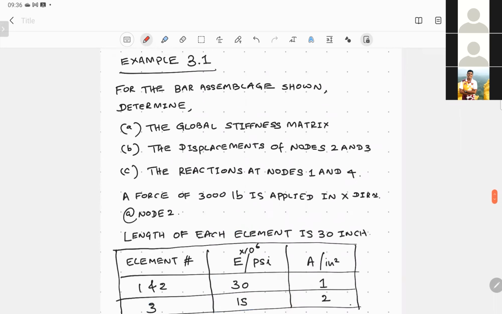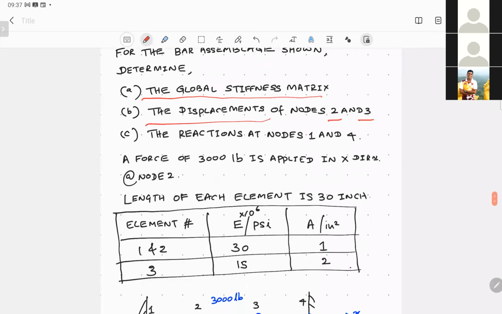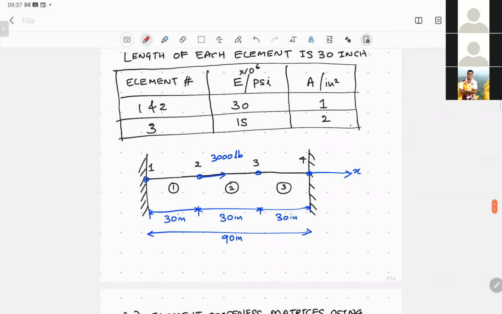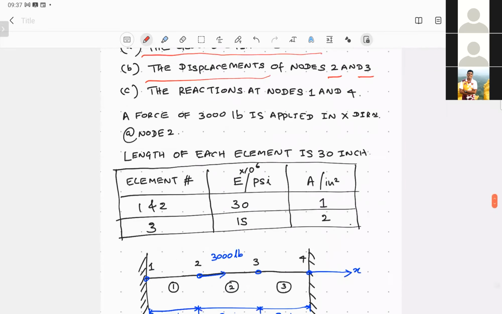The modulus of elasticity is given in the second column, and the cross-sectional area is given in the third column. So what is your task? Your task is first to find the global stiffness matrix for this truss assembly. Once you find the global stiffness matrix, you need to find the displacements at node number 2 and node number 3. Obviously, the displacements at node number 1 and node number 4 will be 0 because they are fixed.